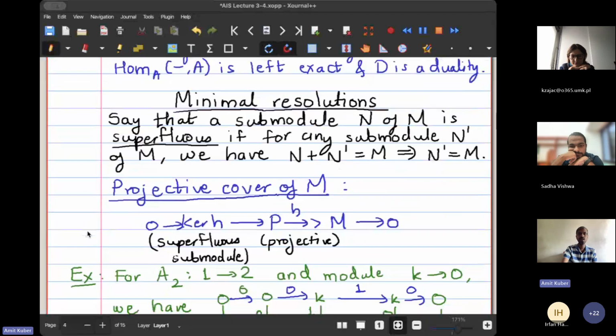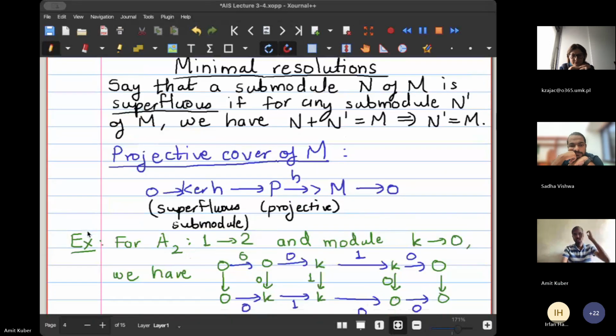So let us try to understand what we are doing here. We say that a submodule N of M is superfluous if, for any other submodule N', whenever the sum of N and N' is M, then N' has to be M itself. I'm not talking about a direct sum here, just the sum.